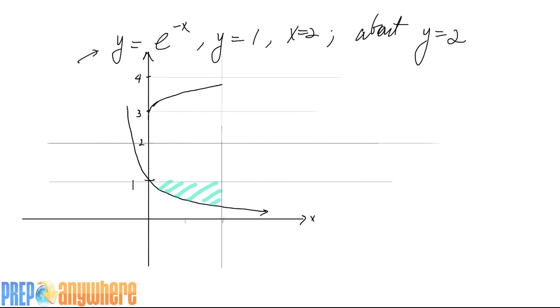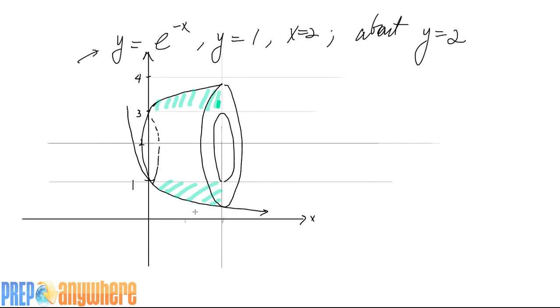Try to imagine if that's rotated, you can see that we're going to get a hollowed hole in the middle, like that. All right, so how do we set this up?